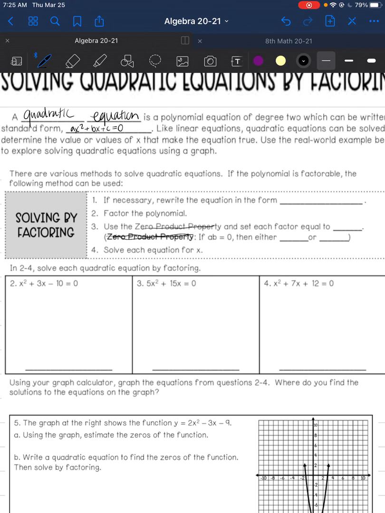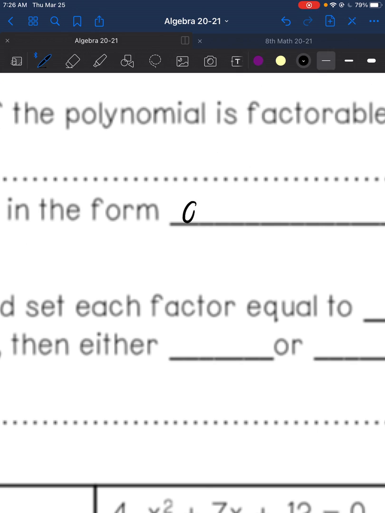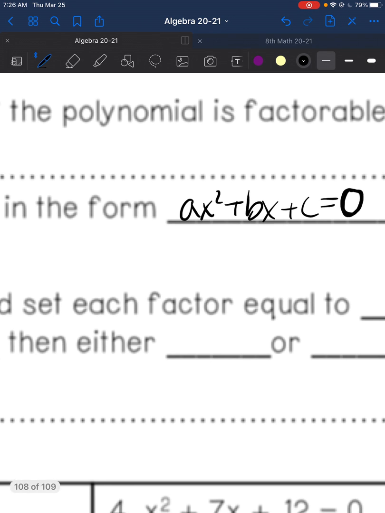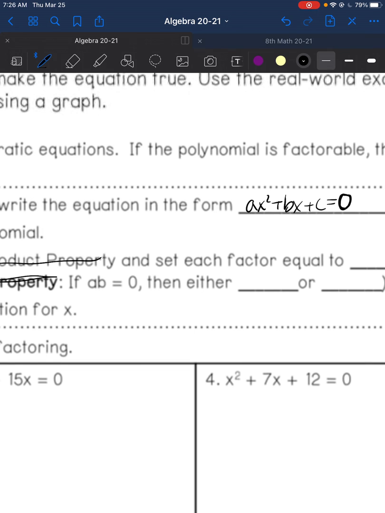If necessary, we rewrite the equation in the standard form of ax squared plus bx plus c equals 0. Notice that it can't equal anything else, it has to equal 0. So when we say rewrite it, you have to make sure that it equals 0.